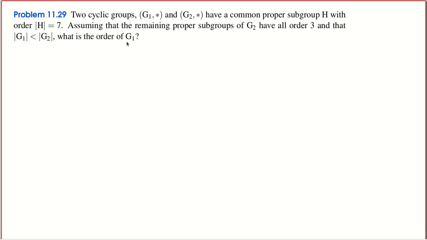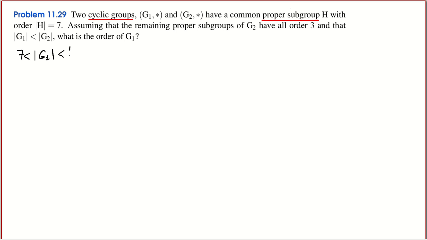It seems a bit weird that we're able to figure out the order of this with the information that we have here, but it turns out that we have enough information because, and this is very important, these are cyclic groups. And H is a proper subgroup, which means in particular that the size of G1 has to be larger than 7.